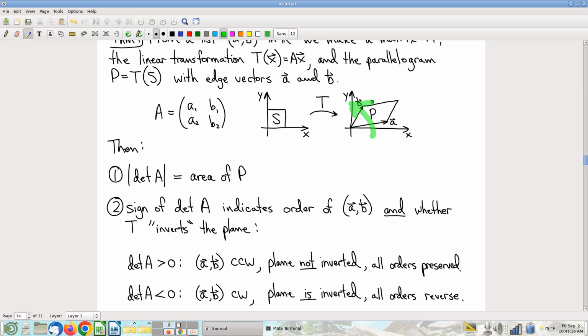Don't forget that pair of vectors: that vector is the image of E1, and this vector is the image of E2. And I know that E1, E2 is always counterclockwise because, well, they don't move. They just sit there. E1 is here. E2 is there. That's counterclockwise.